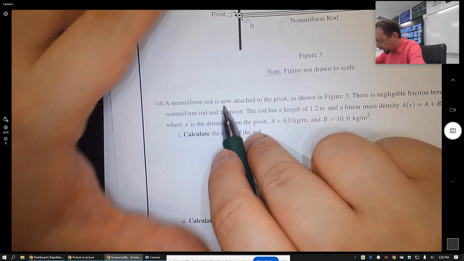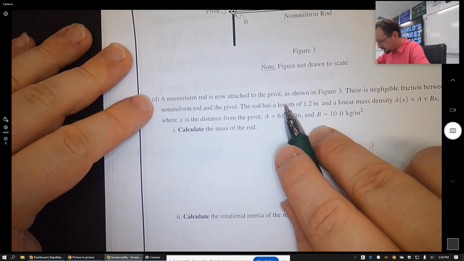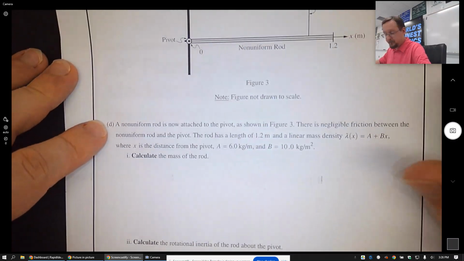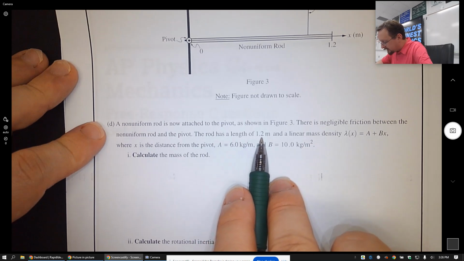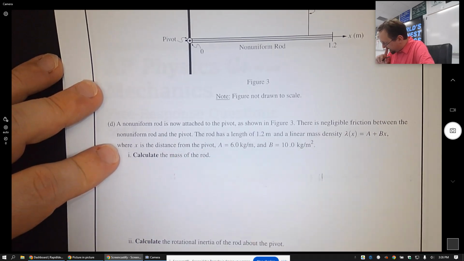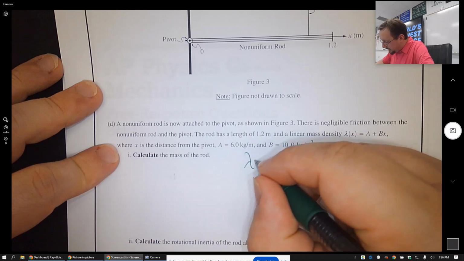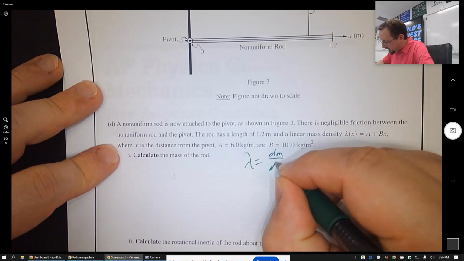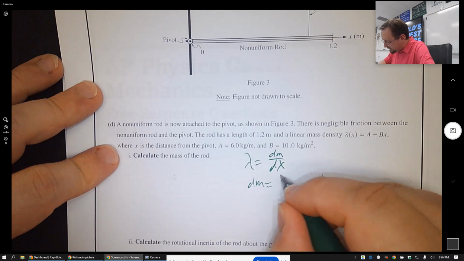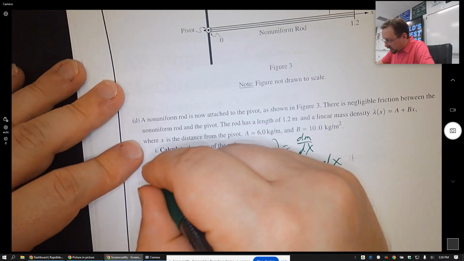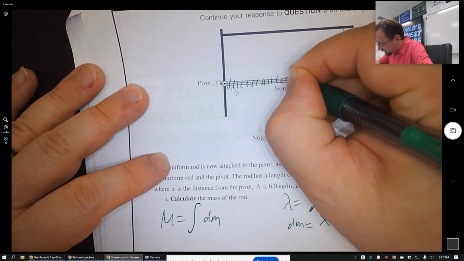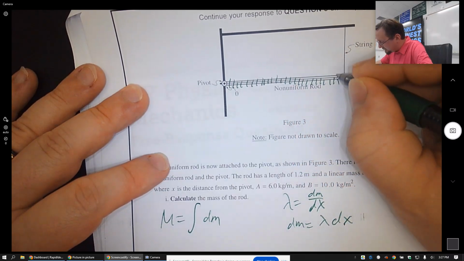Okay, a non-uniform rod is now attached to the pivot, shown in figure 3. There's negligible friction, and the rod has a length of 1.2 meters and a linear mass density. Calculate the mass of the rod. Okay, so lambda is dm over d length, so dm is lambda d length. The total mass is the integral of all these little masses.